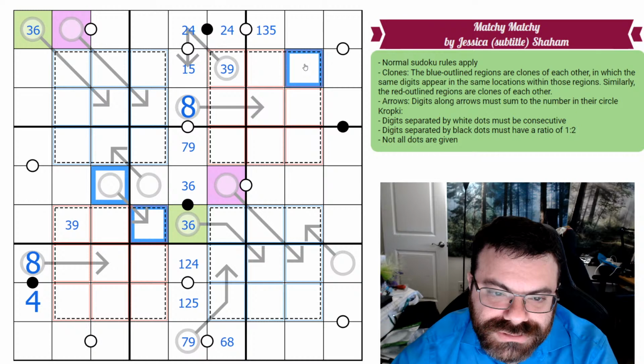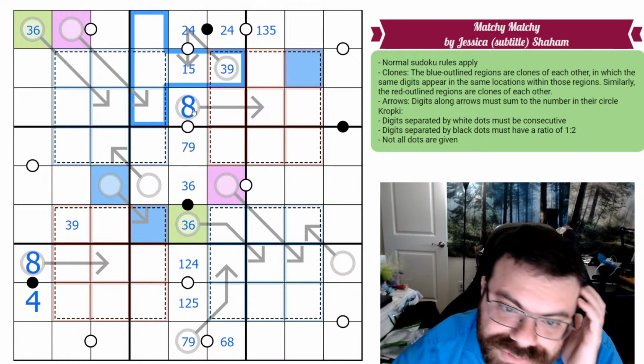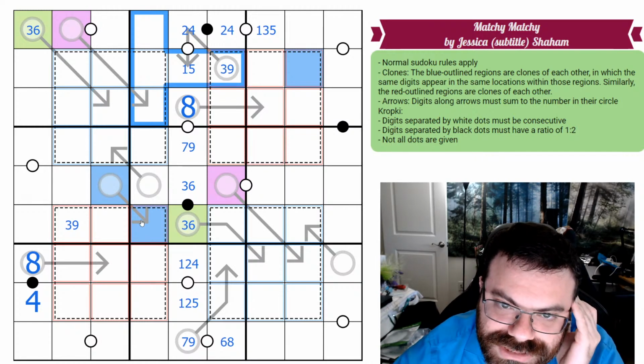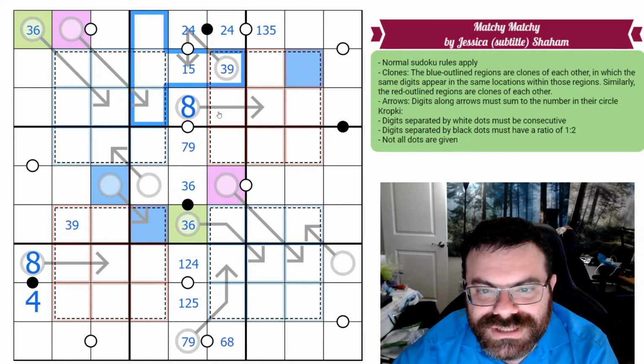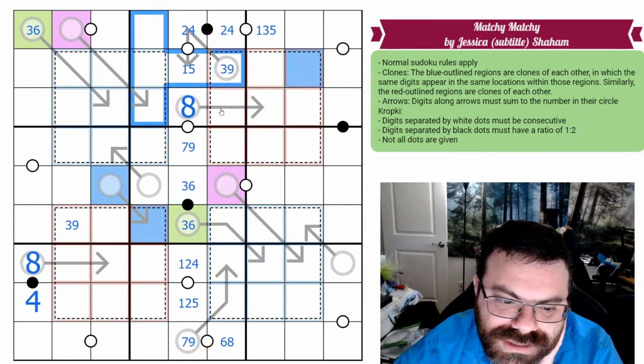Whatever's here is also here. Let's make that blue. Is blue limited in its values? Like, is it limited from being 2, 4, or 8? Well, I guess it could. I keep thinking killer cages can't repeat, but it can.